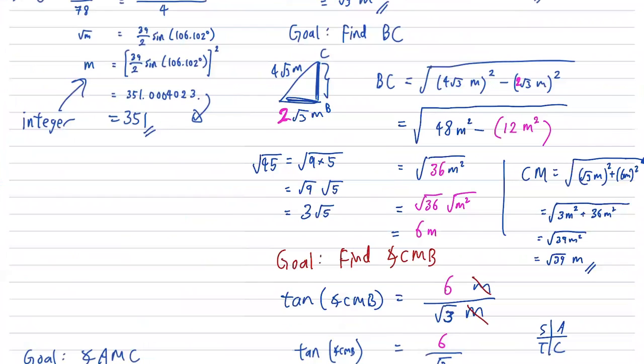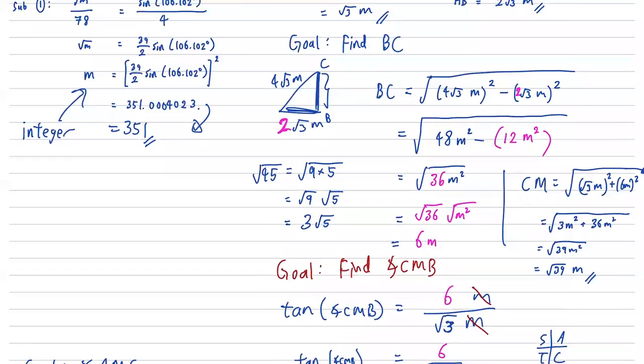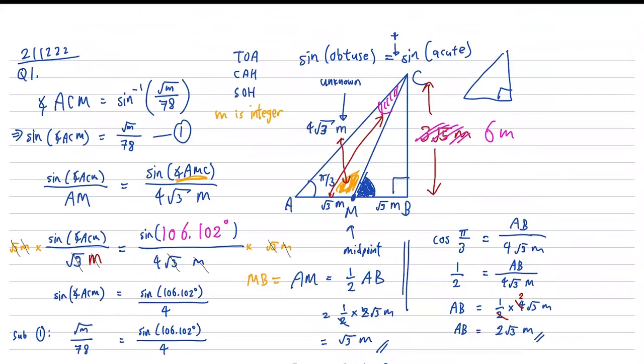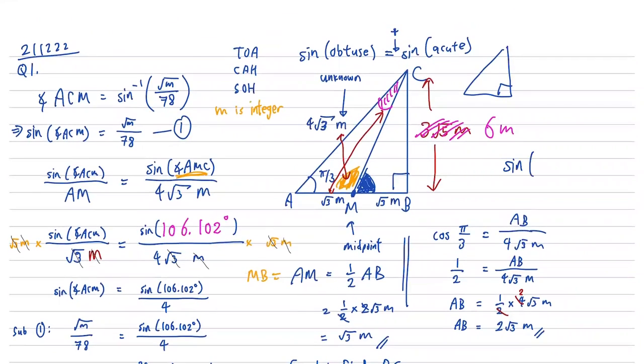So from knowing the length of CM, can we find the sine of angle AMC now? Yes, it is exactly equal to the sine of the acute angle CMB, which in turn is equal to opposite over hypotenuse, which is 6m divided by, sorry, I forgot to label.